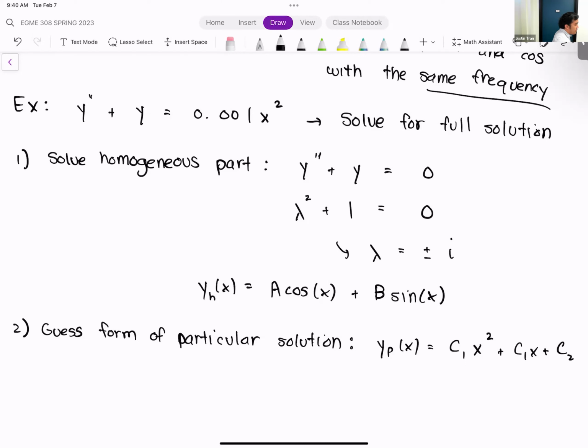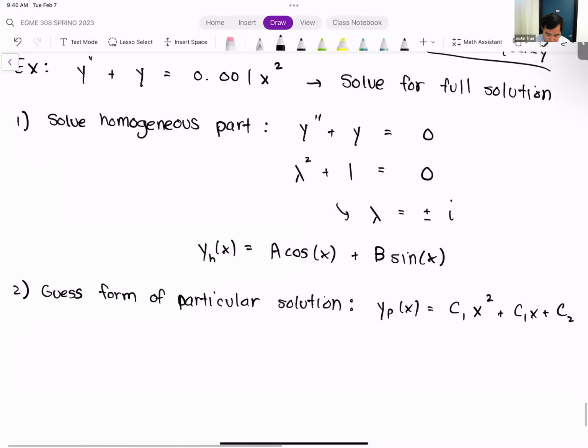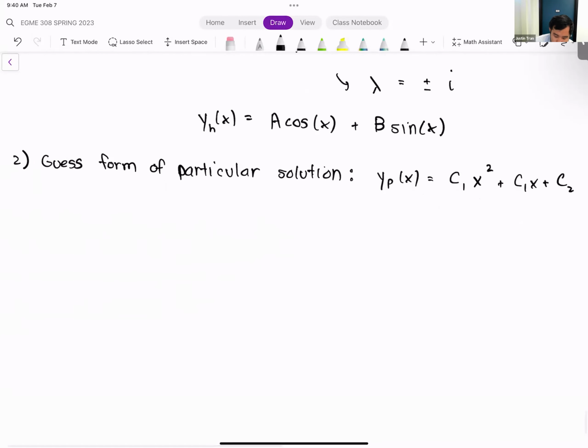For a quadratic function, we have to include the quadratic term, the linear term, and the constant term. All right, so that's our guess. The next step is to take derivatives of our guess and plug it back in.